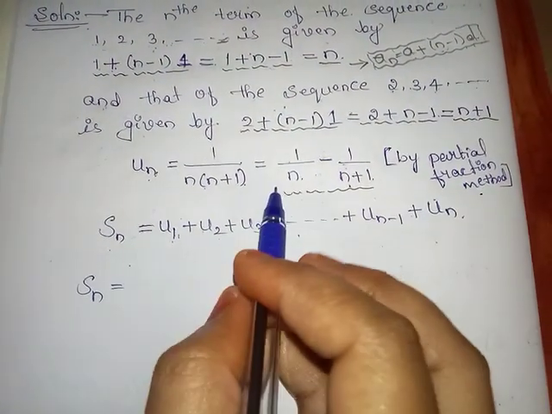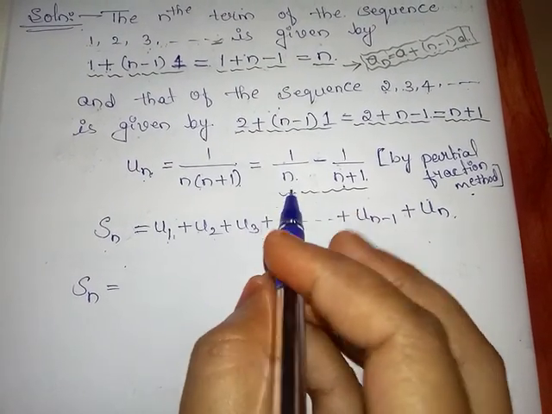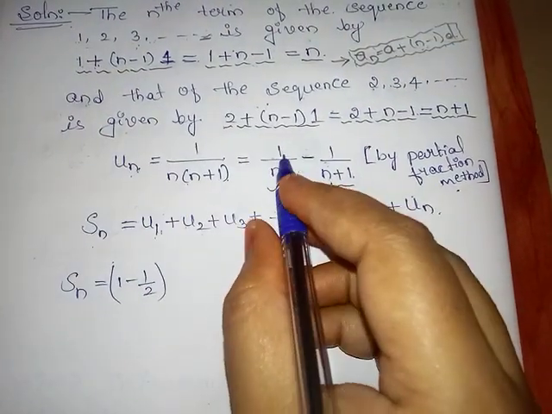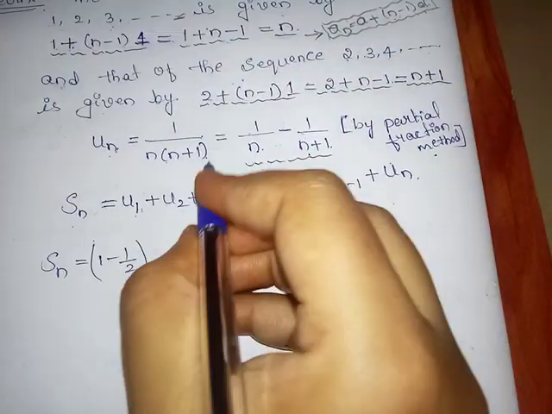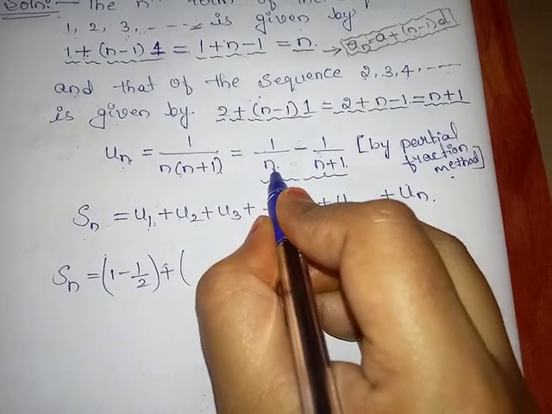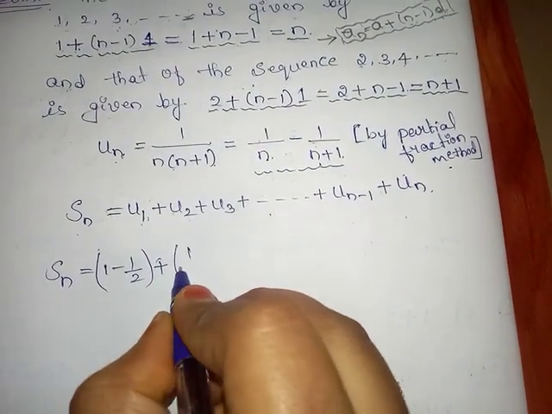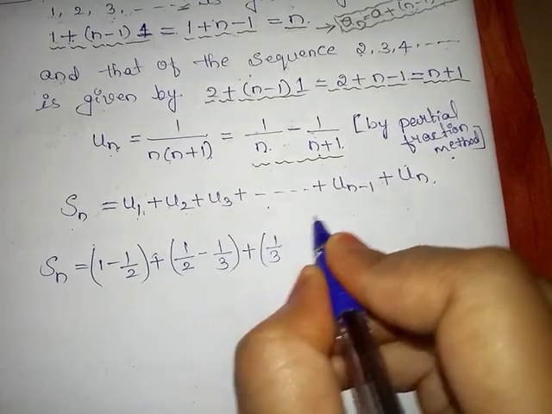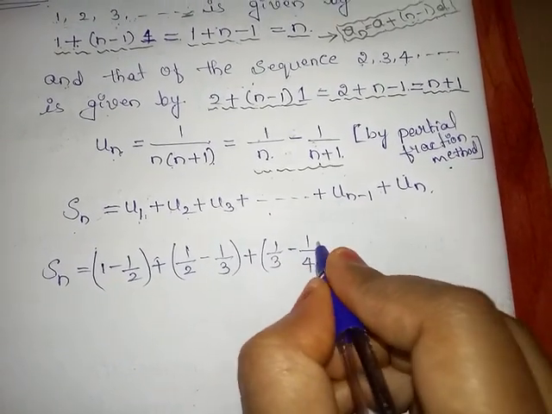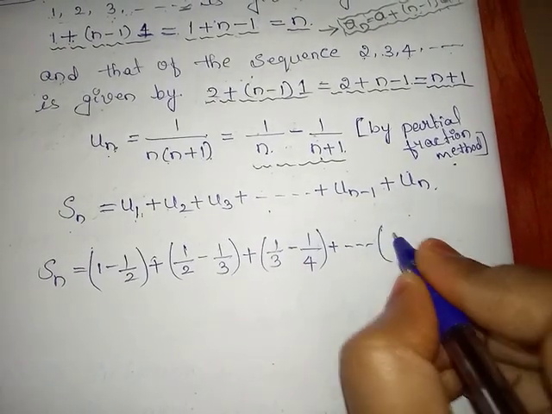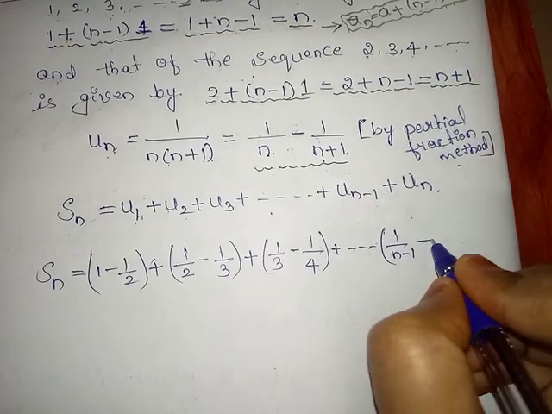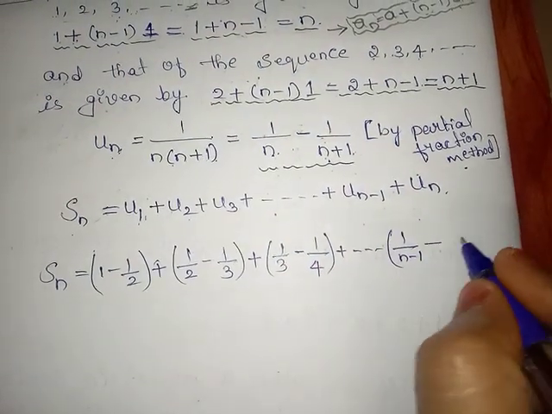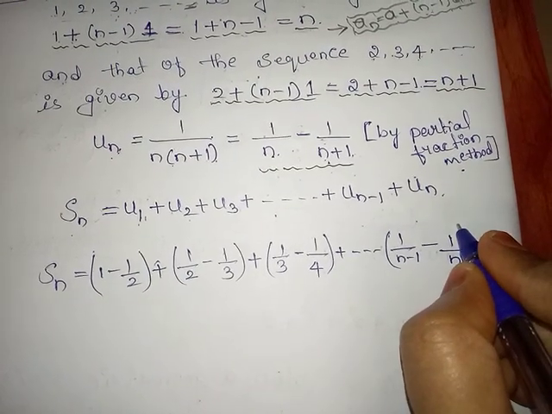u1: first substitute 1 wherever n is there. What we will get? 1 minus 1 by 2, means 1 by 1 is 1 minus 1 by 1 plus 1 is 2, plus substitute 2 wherever n is there, it will be 1 by 2 minus 1 by 3, plus similarly substitute n as 3, it will be 1 by 3 minus 1 by 4, plus so on to plus 1 divided by n minus 1 minus, here substitute n as n minus 1, it will be n minus 1 plus 1, so the terms cancel, the remaining is only 1 by n.